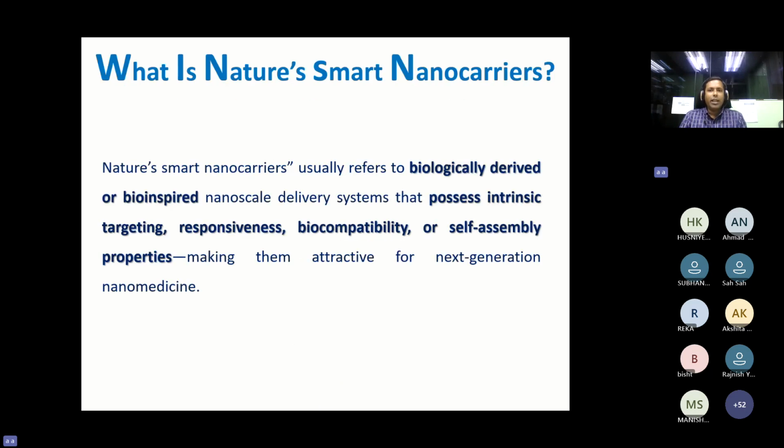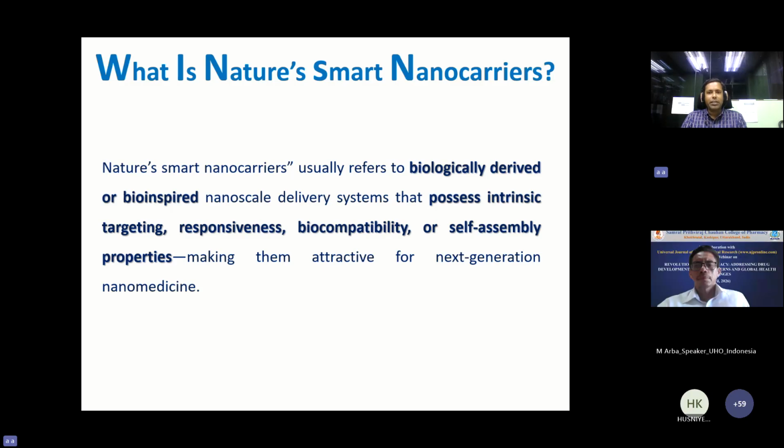So what are the nature's smart nanocarriers? Actually, these nature's smart nanocarriers are available around us, and the availability of the raw materials is also very cheap, cheaper than synthesis.